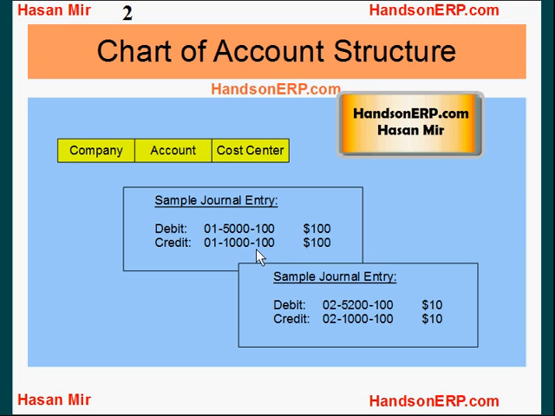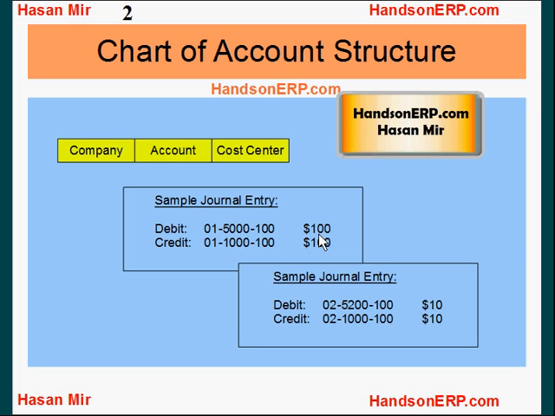But in ERP software like Oracle applications, you can capture more dimensions besides just capturing the natural account value. For example, you can say, okay, we purchased $100 worth of office supplies, but which cost center is responsible for capturing this cost? So you can say, okay, cost center 100 is associated with this expense.